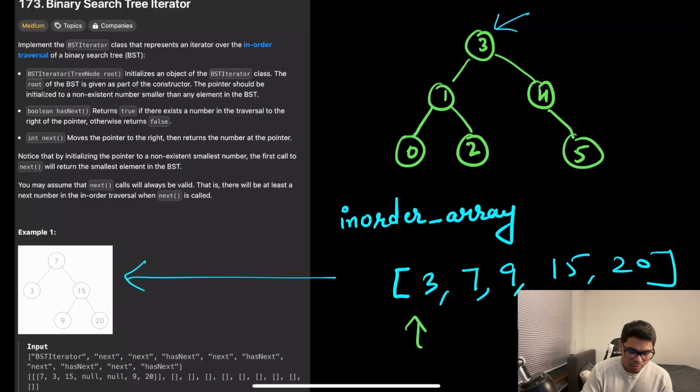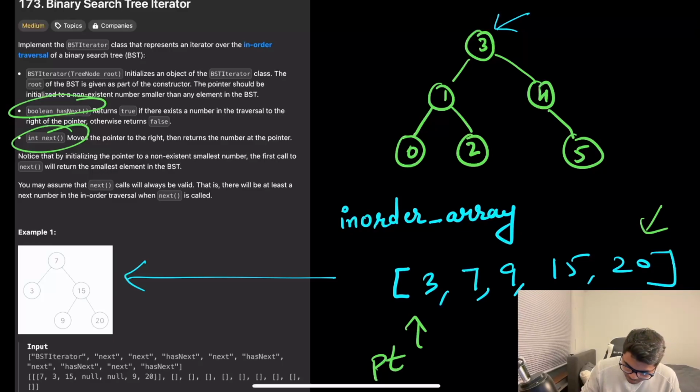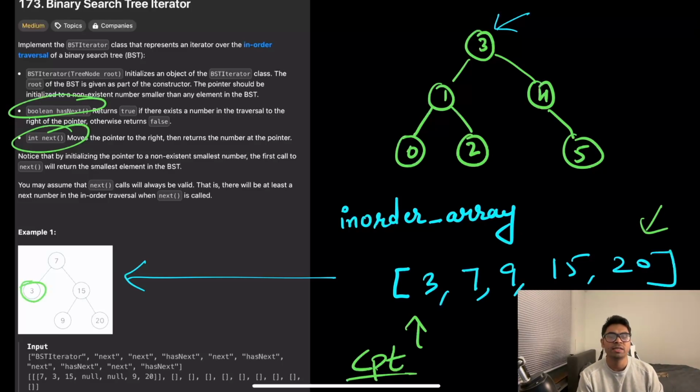And then for all these functions, hasNext and next, I could simply use a pointer, let's call it cpt, the current pointer, and that is pointing to the first value, which is the leftmost value in my BST. So this is right here, the leftmost value in my BST.